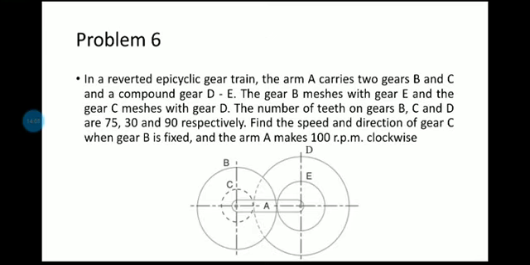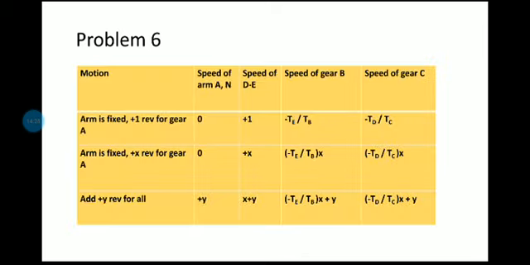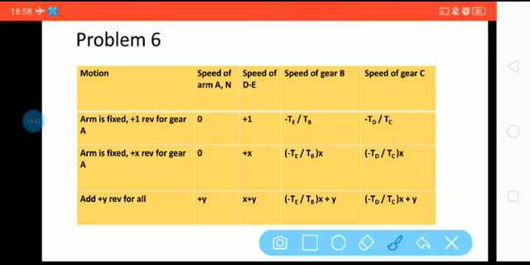Now here you see B is meshed with E, not D. So what we can write, the speed ratio expression: NB by NE equal to TE by TB, or NB equal to NE into TE by TB. NE is +1, therefore 1 into TE by TB, and since these are external gearing, direction will be opposite, therefore minus TE by TB.